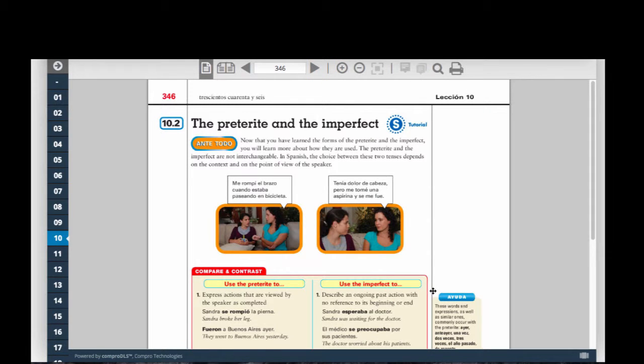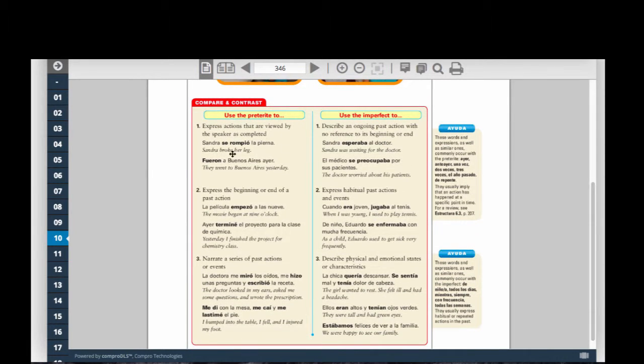And the next point of grammar is, of course, once you have seen the preterite and the imperfect, the combination of both. When do we use one or when do you use the other? So I really like these charts in here because it puts the two of them face to face to explain in what cases you use one or the other.